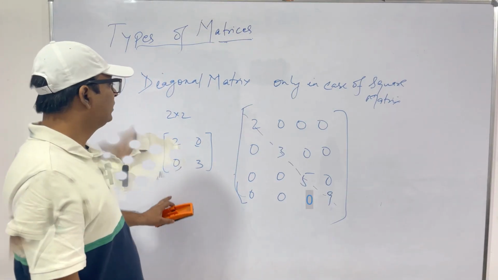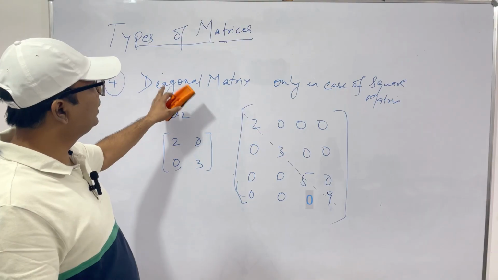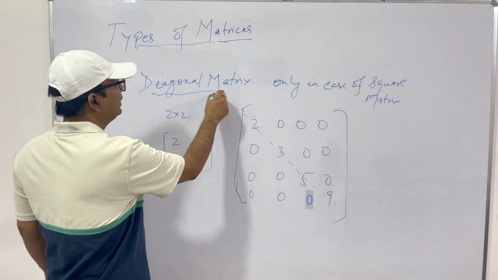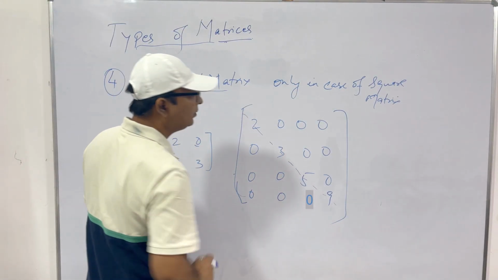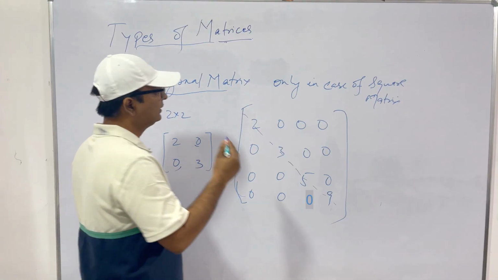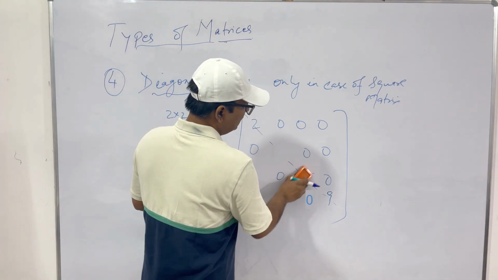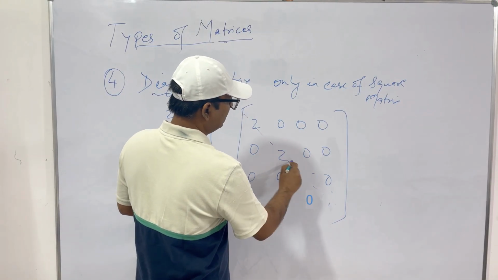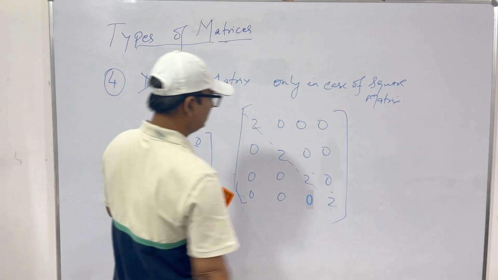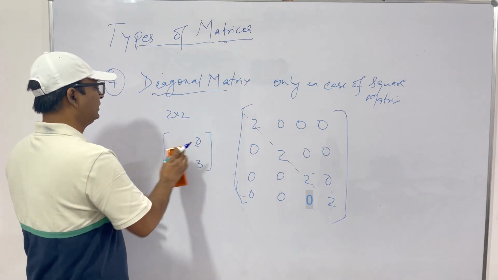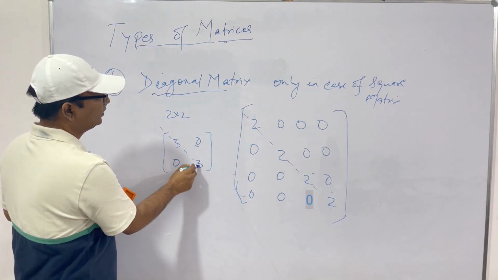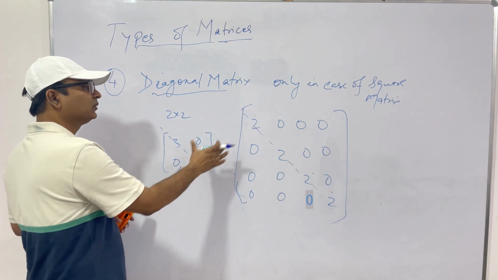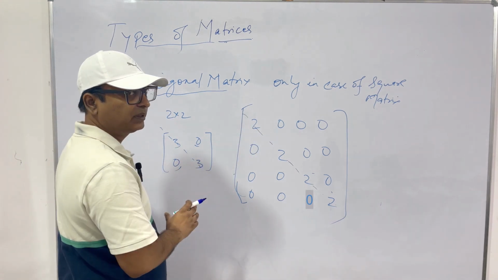Clear? Now, within the diagonal matrix, if all the diagonal elements are the same, let's say all the elements were 2, 2, 2, 2, or here we had 3, 3. So this is a diagonal matrix. First of all, it is a square matrix. Both of them are square matrices.